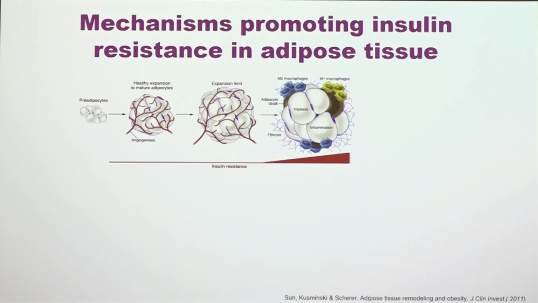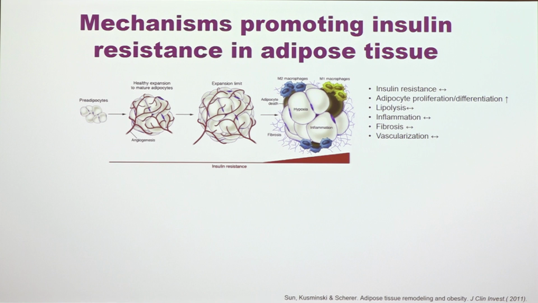What has also become clearer in the last 2 decades is that there are very different ways in which adipose tissue can expand. So there's the good way of expanding your adipose tissue, which is depicted here, where you see that despite the fact that you expand the tissue quite considerably, you don't have an increase in insulin resistance, you have an increase in adipocyte proliferation, so more fat cells produced.